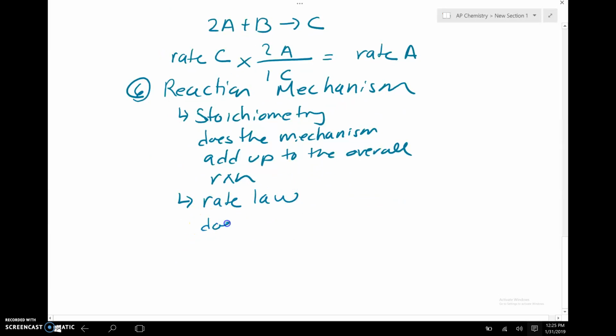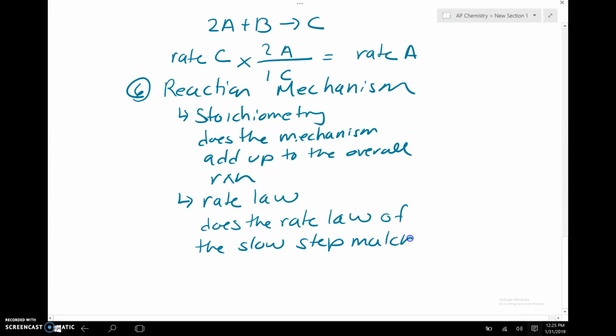So that means, does the rate law of the slow step match the determined rate law of the overall reaction that you would have probably solved for in part A or B or C? You have some rate law that you're going to match.